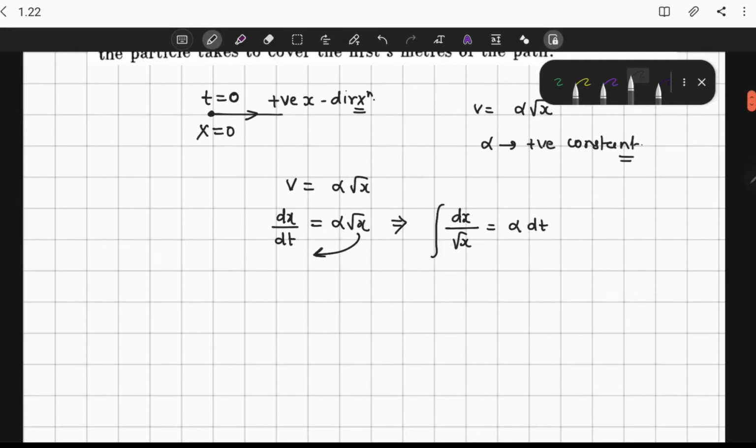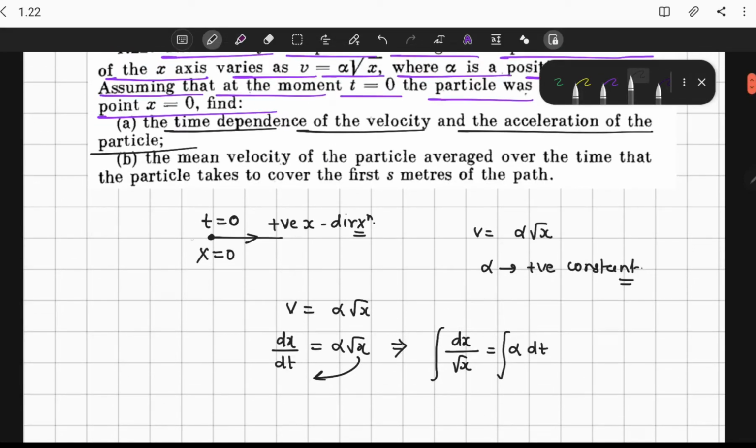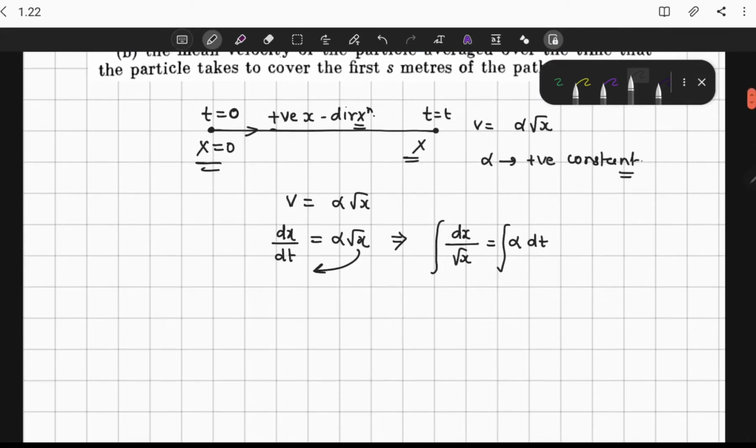Now integrate both sides. Let us say at the time instant t is equal to 0, the particle was at x is equal to 0, and at the time instant t, let us say the particle is at the position x. So we can integrate from x is equal to 0 to x and t is equal to 0 to t.